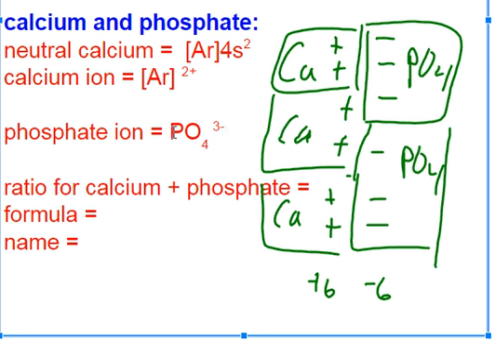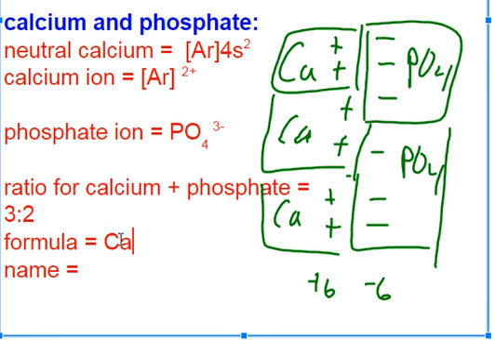And so now when I write the ratio for calcium to phosphate, I use 3 calcium and 2 phosphate. So the ratio is 3 to 2. The formula is going to be Ca with the 3. The subscript tells me 3 calcium.